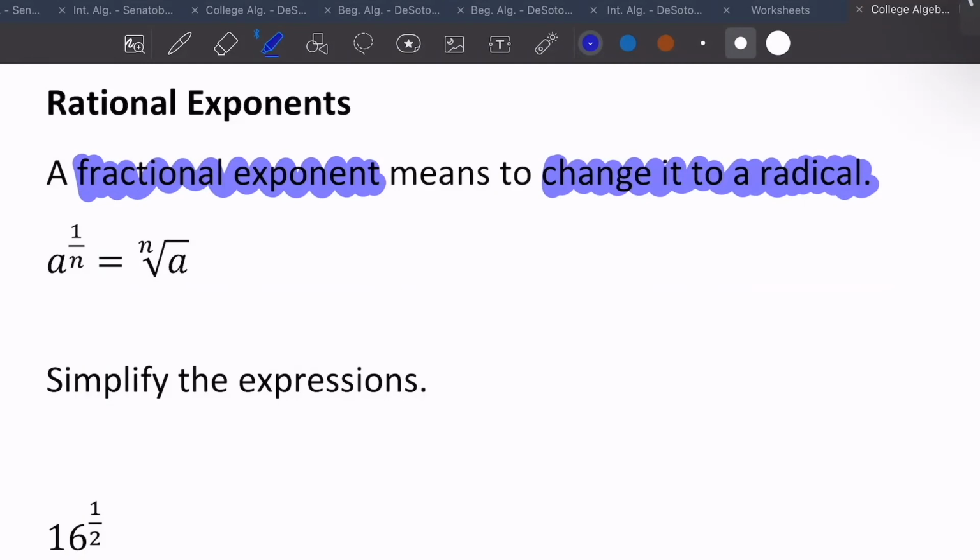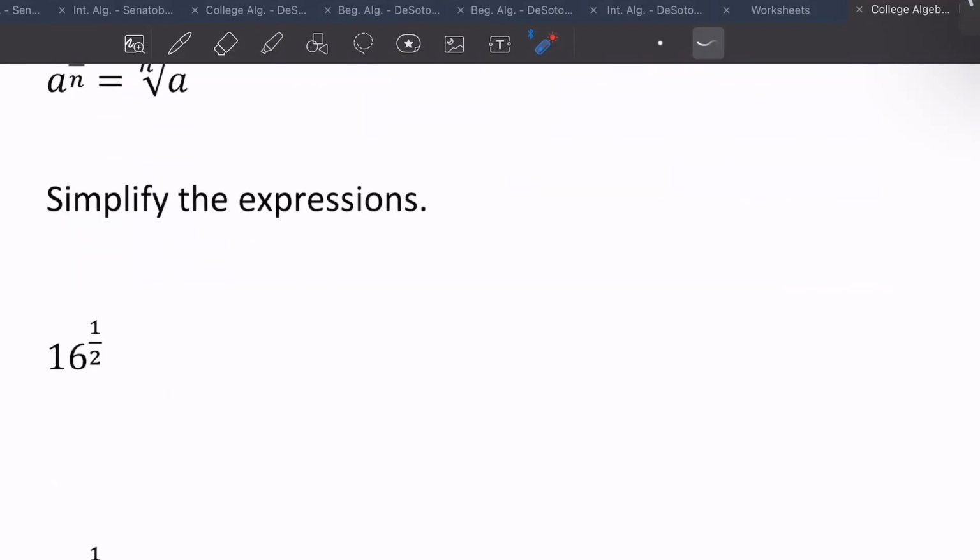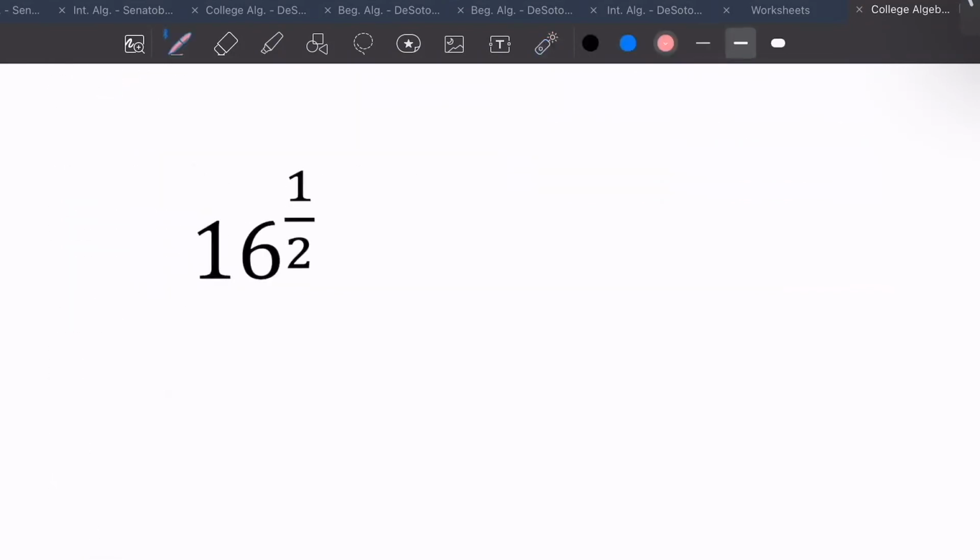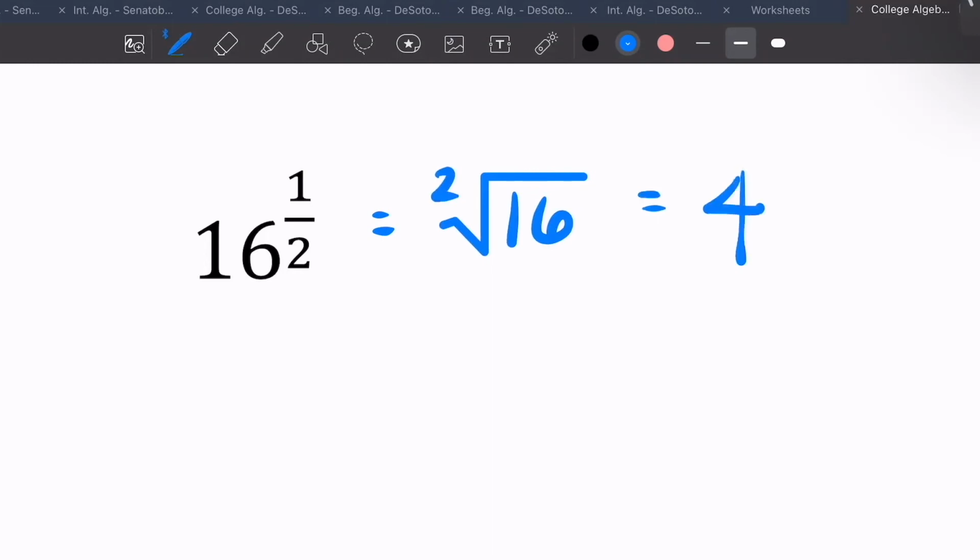I took the denominator of my exponent and moved it to the index spot. So instead of writing 16 to the 1/2, I would write the square root of 16. I know the square root of 16 is 4.